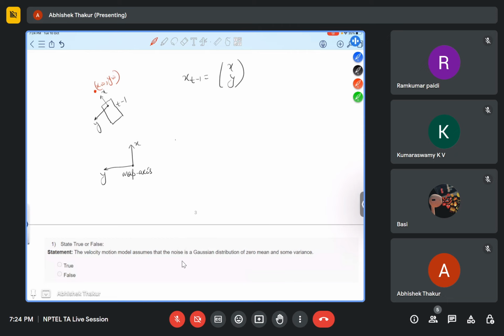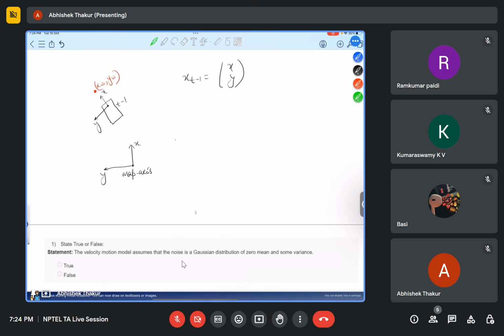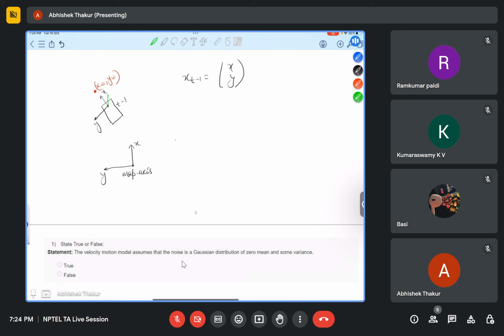So now what will happen? The robot has some heading with the map axis. Here you can see in this direction, the robot is in this direction. So what is the heading here? Let's suppose this is the map axis. So this theta is the yaw angle. So theta is equal to yaw, that is also the heading of the robot.